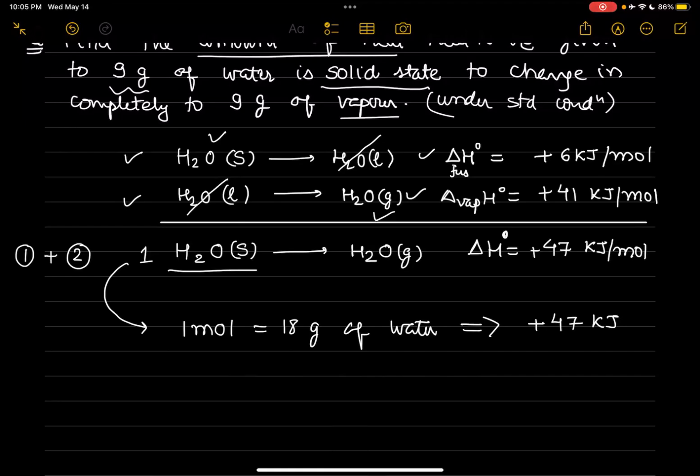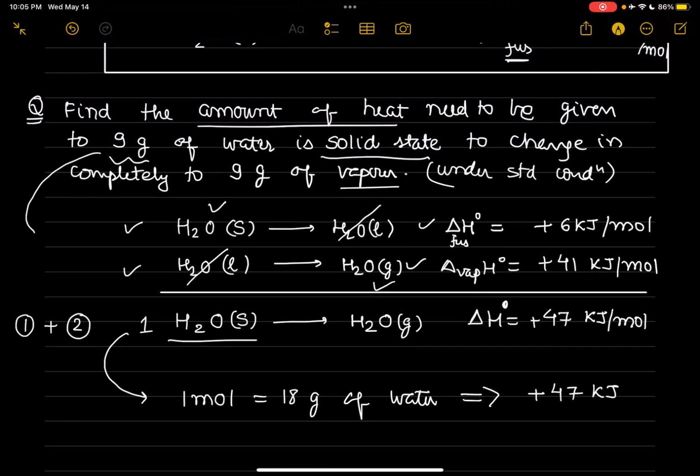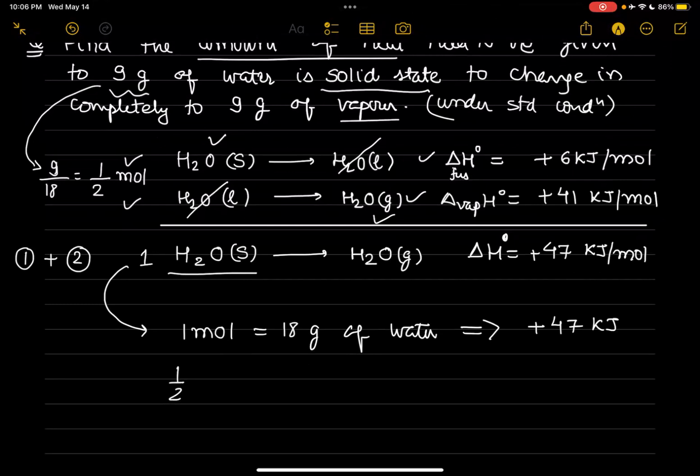But the question is asking about half a mole of water, because this equation is in terms of moles, not in terms of mass. So this 9 grams is half a mole: 9 by 18, given mass by molar mass. So for half a mole, for 9 grams of water, I will need half of it.